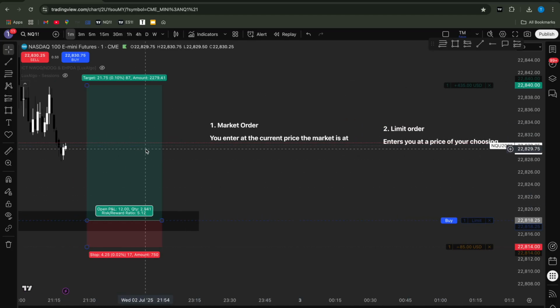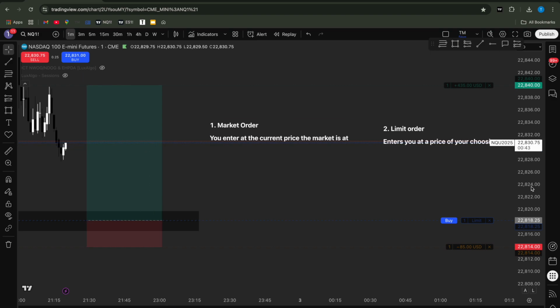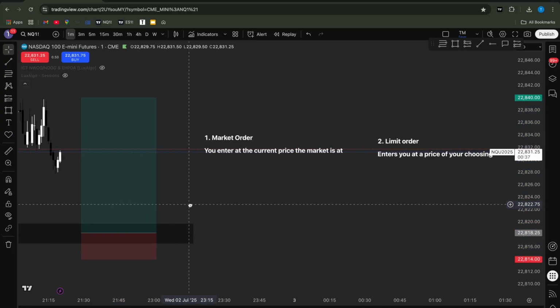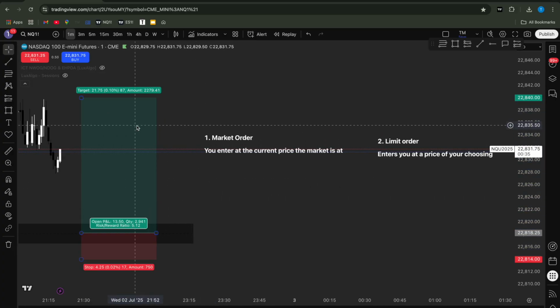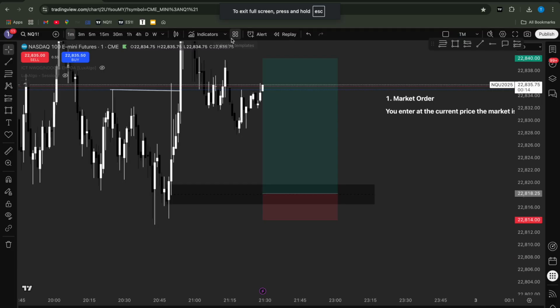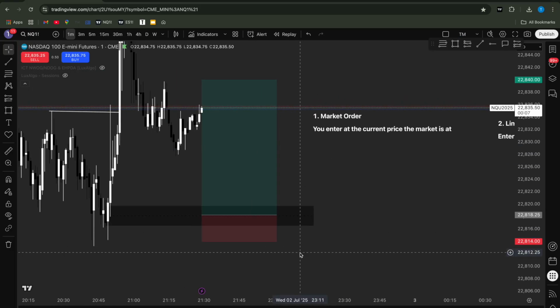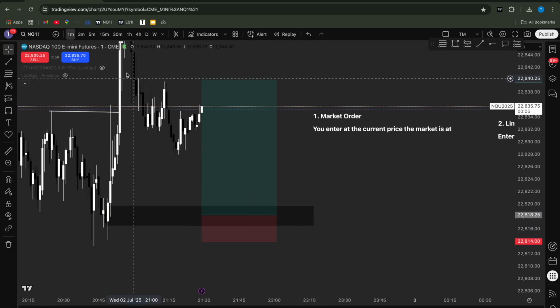So yeah, I personally trade on TradingView because I trade NQ and I like executing on TradingView. But you do not have to. Yeah, so that's the different types of orders and how you execute on TradingView, which is what I trade on, because I trade Nasdaq futures or NQ1.